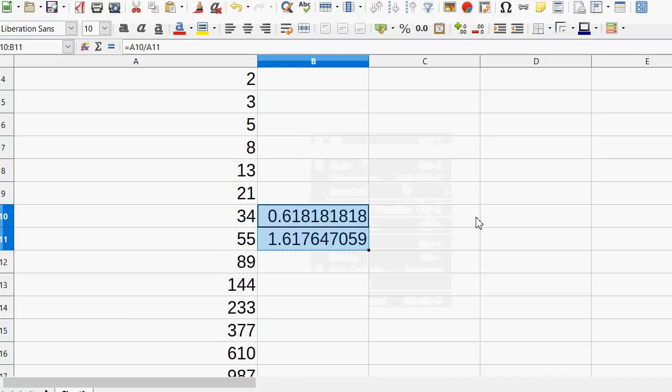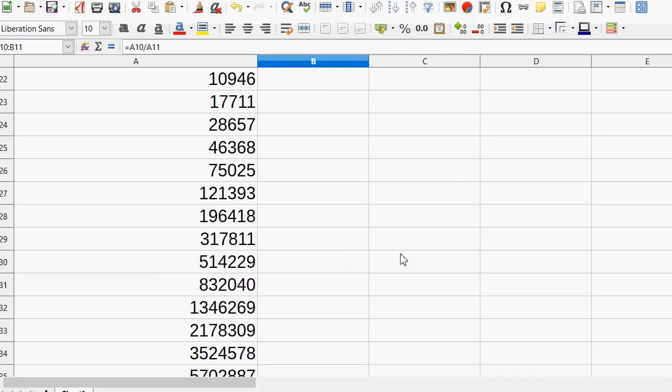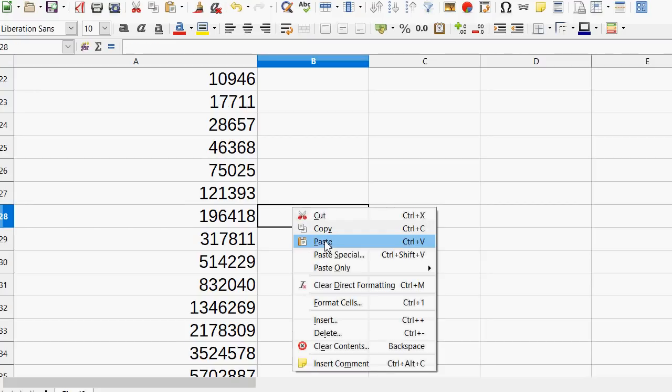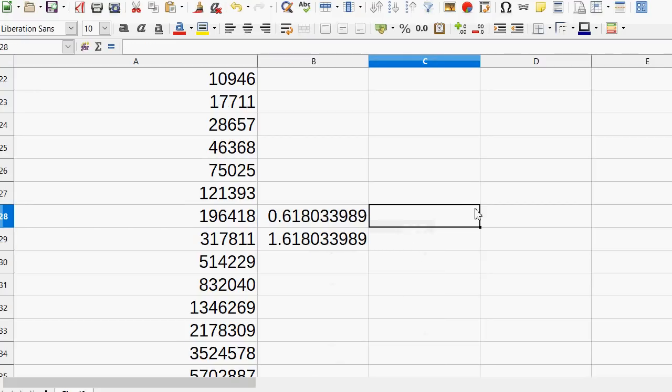We can see the numbers get larger and larger. In here, we've already got the exact Fibonacci, 61, at least for this number of decimals, 61.8033989. That's the number.